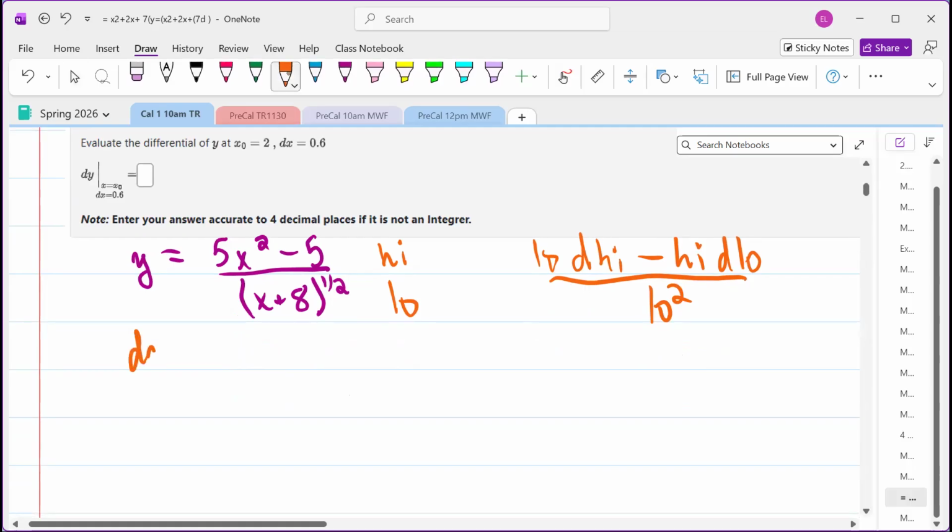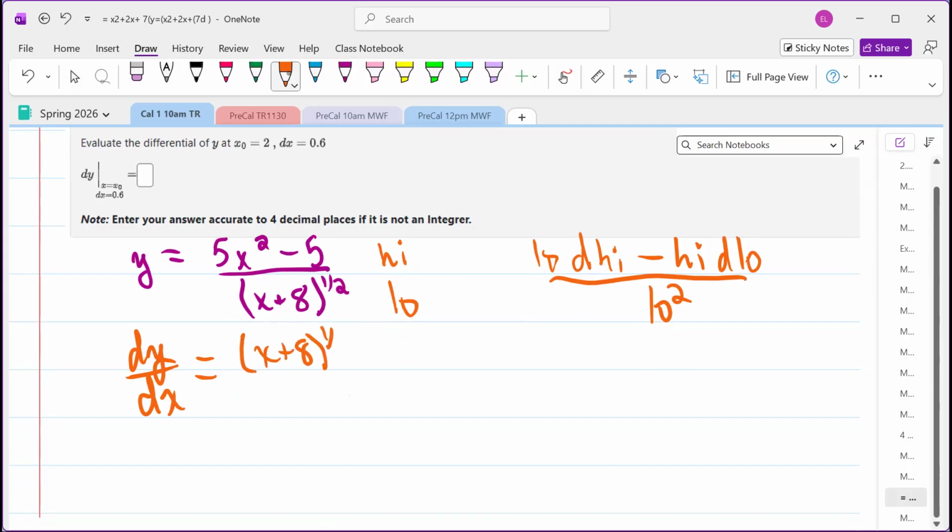So our dy dx is low, x plus 8 to the 1/2, times d high, 5 times 2x, and then the derivative of the minus 5, that's just a constant, so that's 0, so I'll close my parentheses there.